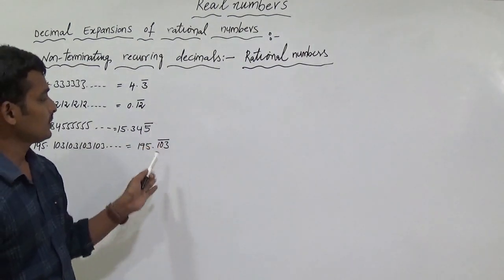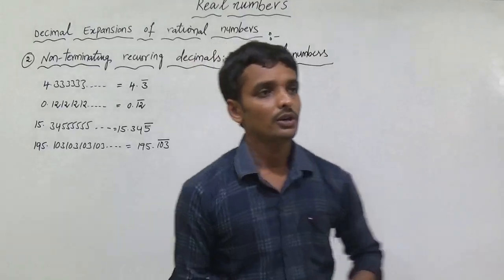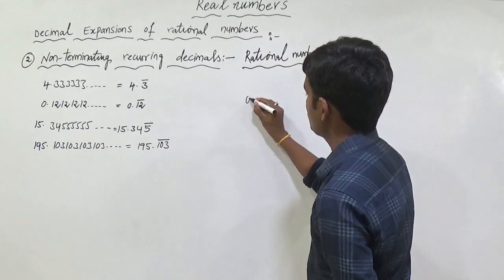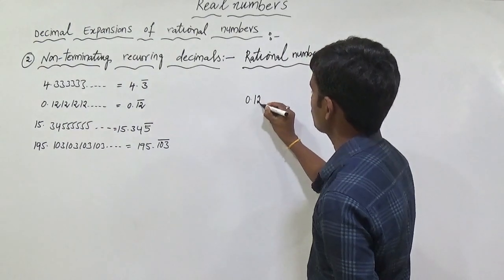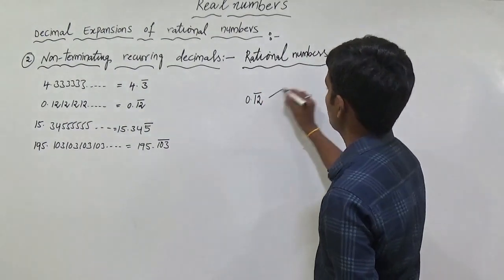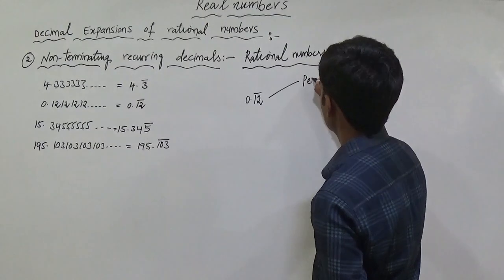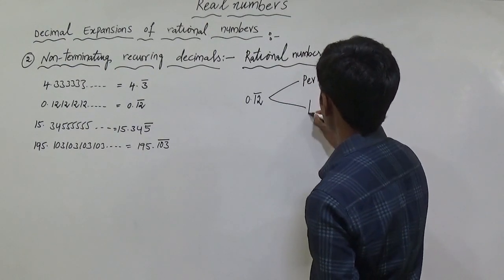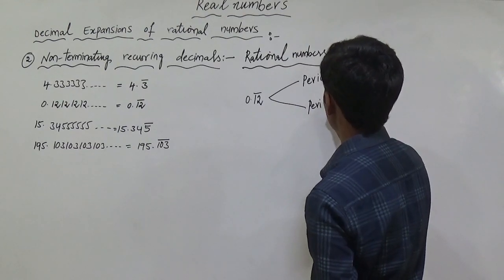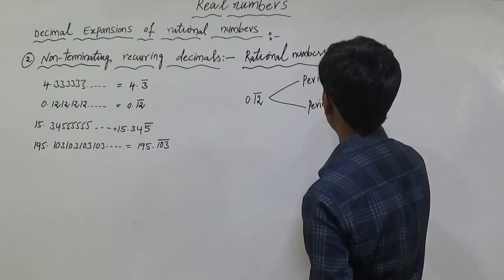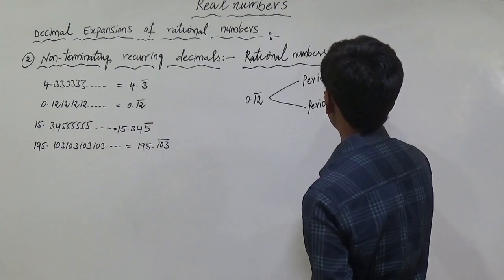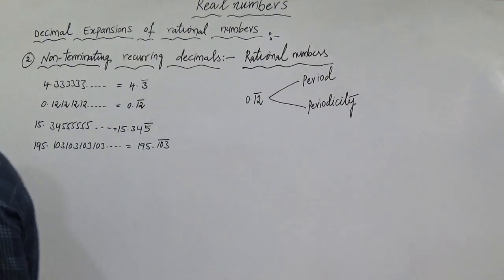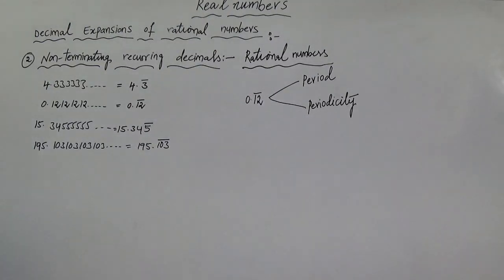Further, if you write a non-terminating recurring decimal like 0.12 bar, we have to learn two words in non-terminating recurring decimals.